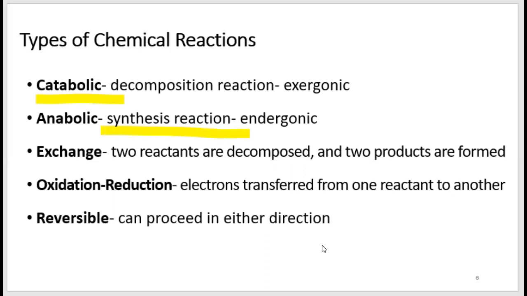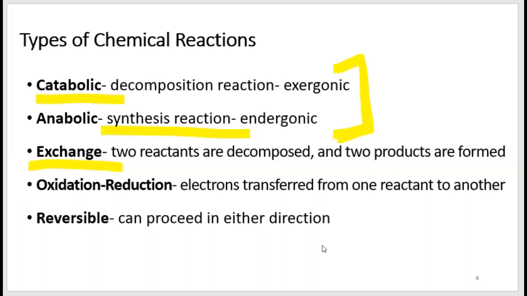That's an anabolic reaction. Often these two will happen kind of sequentially, so that what you end up really getting is, in sum total, an overall reaction that is an exchange reaction, where two reactants have been broken down or catabolized and two products are formed or anabolized.